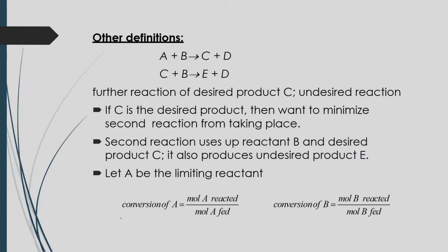So the conversion of A will be equal to moles of A reacted divided by moles of A fed, and the conversion of B will be moles of B reacted divided by moles of B fed.